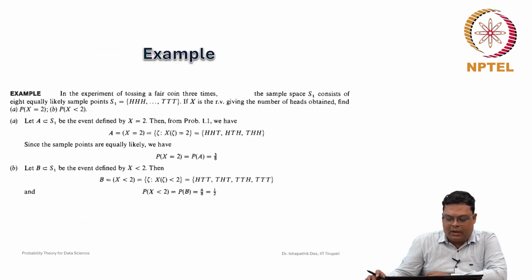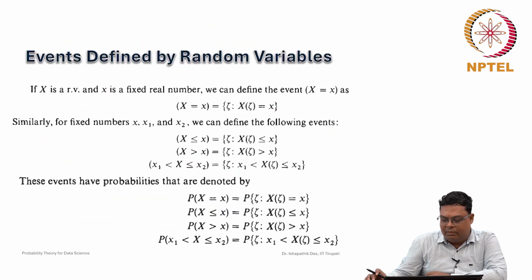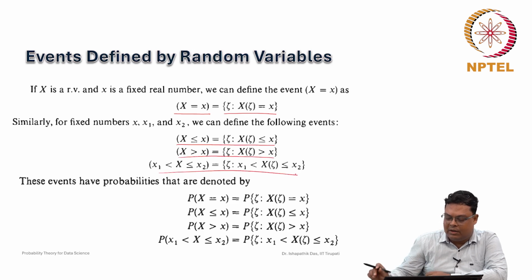Now, there are some other numerical examples, let us discuss. I hope you have understood the events defined by the random variable, the set of s such that X(s) is equal to x. All kinds of things we can have.